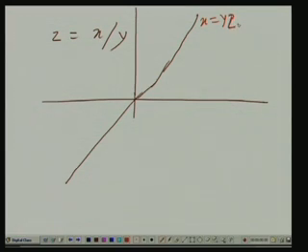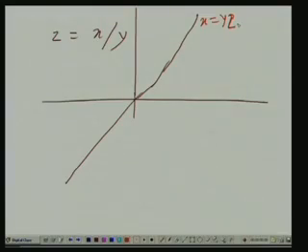Now I have to find out the probability distribution of Z. That means I have to first identify the areas in this plane where for any x, y belonging to that area, the x by y ratio is less than or equal to this capital Z. First consider where y is positive, and for our sake I am taking capital Z to be positive. You can apply the same logic for the negative Z case. Suppose y is positive.